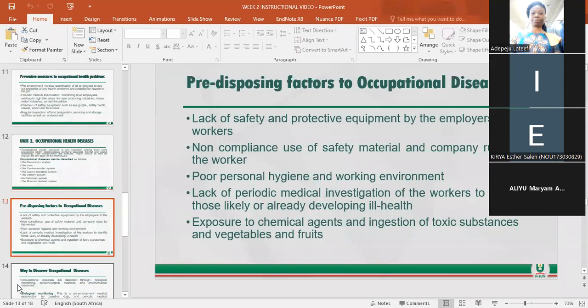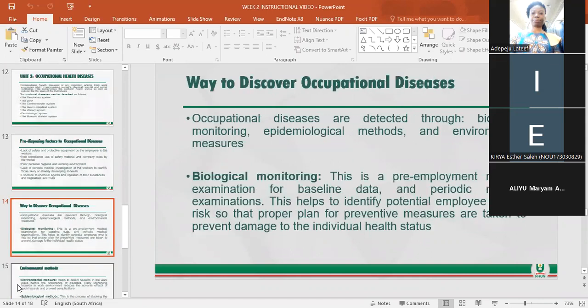And lastly, exposure to chemical agents is another factor that predisposes an employee to occupational health disease.